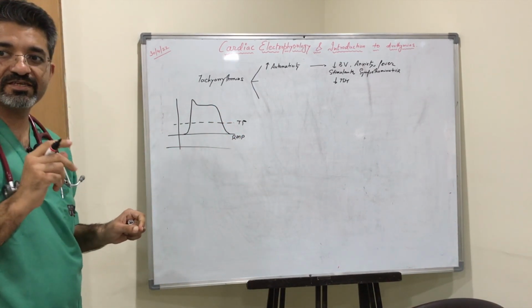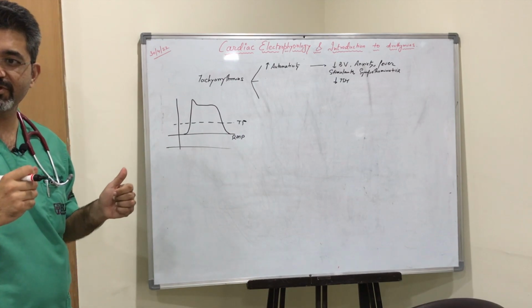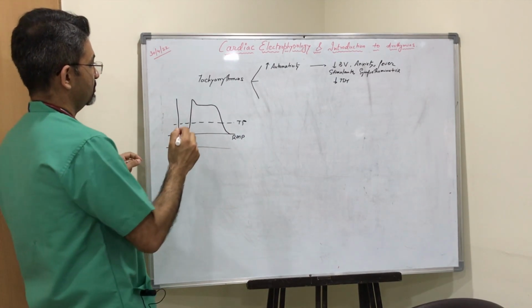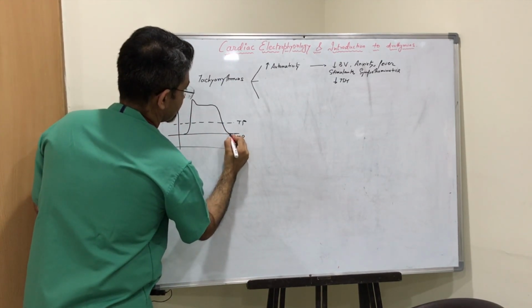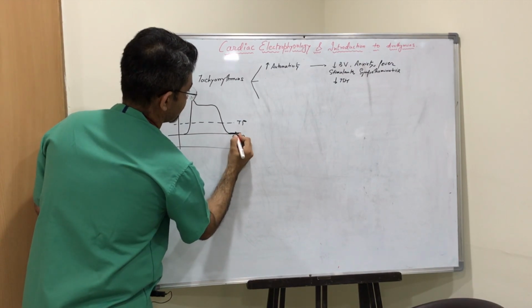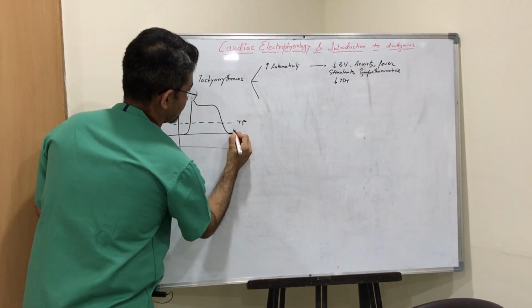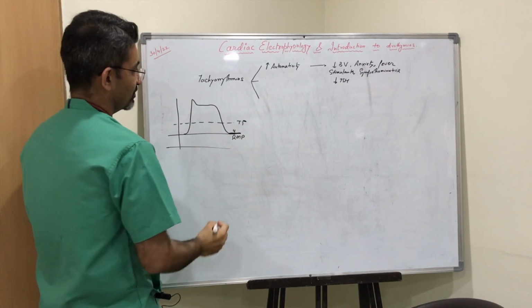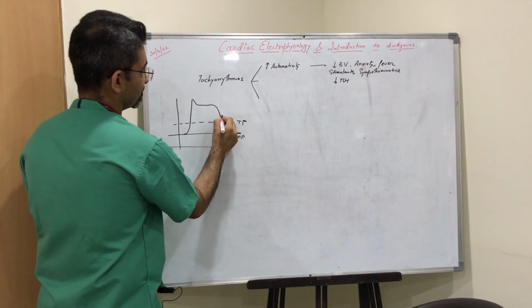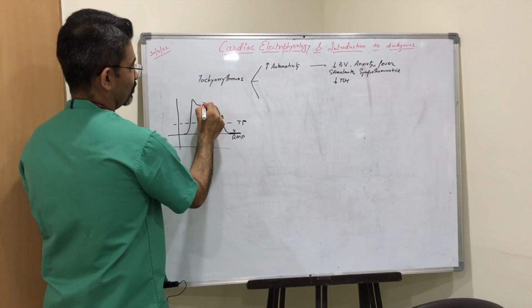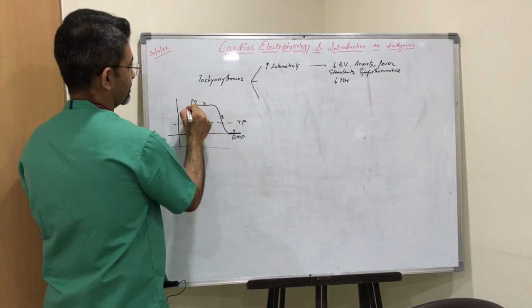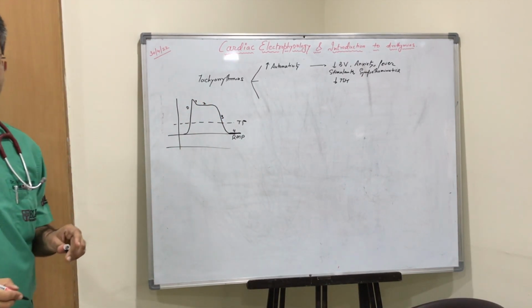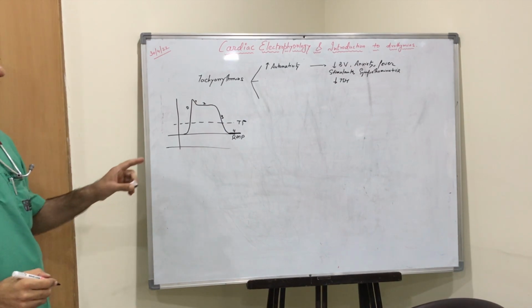You must have read in your physiology about phases of action potential, right? This contractile cell resting state is 4 here. When potassium is going out, this is 3. This plateau is 2. This is 1. This is 0. Okay?